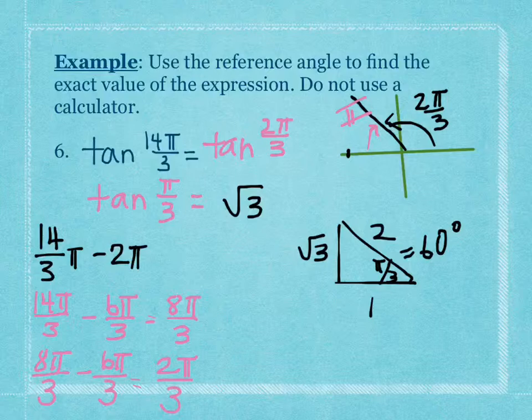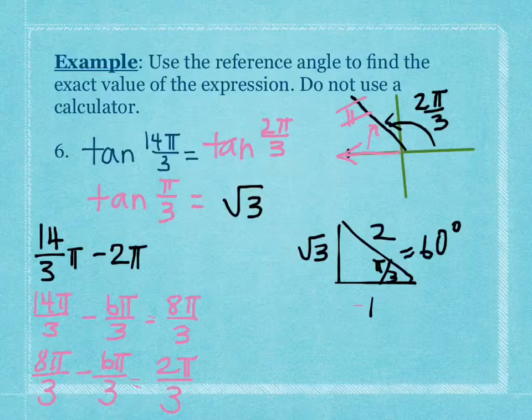So take a look at the sides of my triangle where I put them. One of them is negative. Which one? The square root 3 or the 1? The 1. This 1 value is actually negative because I'm actually on the negative x-axis, aren't I? So if I think about it from the triangle perspective and the quadrant, I still have to take into consideration what quadrant I'm in in order to make that work.